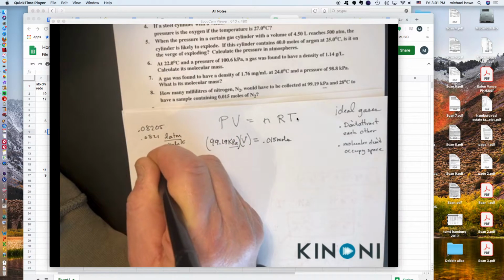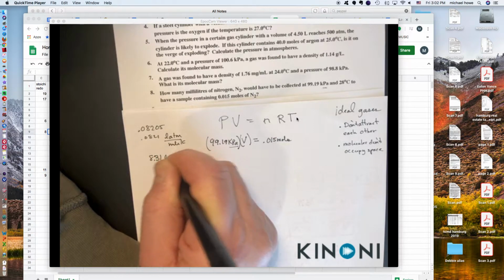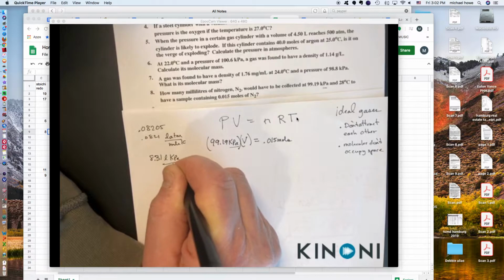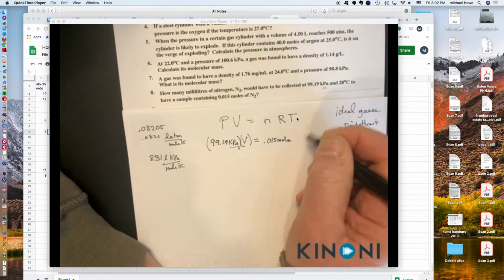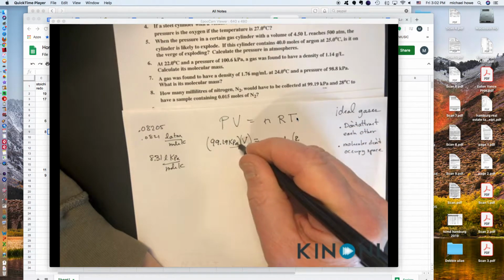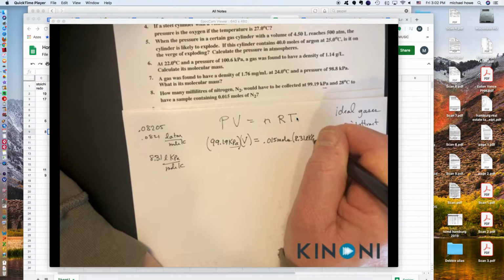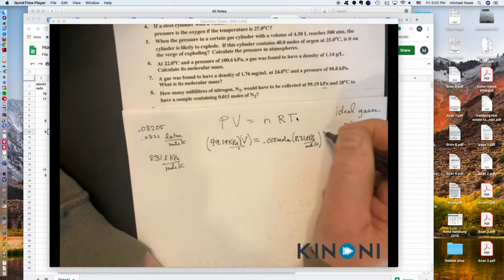The other one that I gave you was 8.31, and that was liter kilopascals per mole Kelvin. So I need to put in for R the one that matches with kilopascals, which is 8.31 liter kilopascals per mole Kelvin. I'm going to do this one with a complete showing of the units so that you can see how they cancel out.